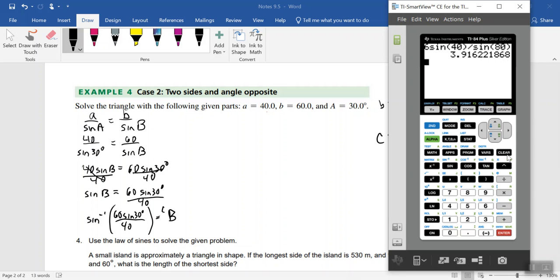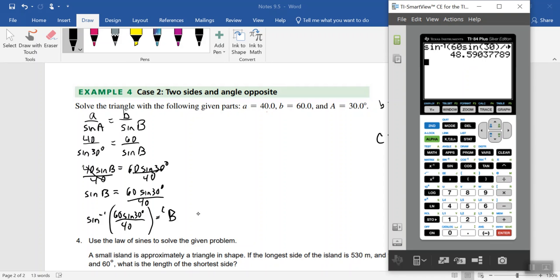So in the calculator, let's go with inverse sine of 60 times the sine of 30 divided by 40. And I end up with an angle of about 48.6 degrees.